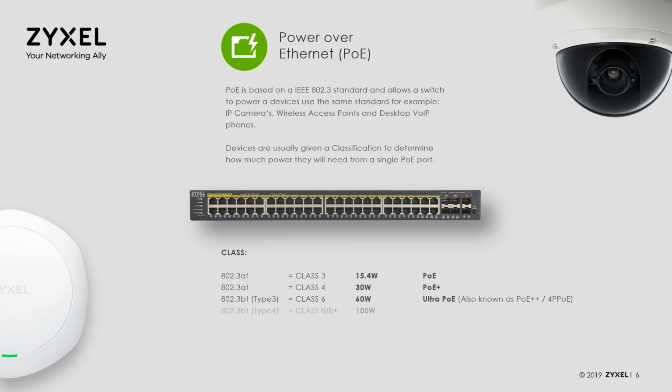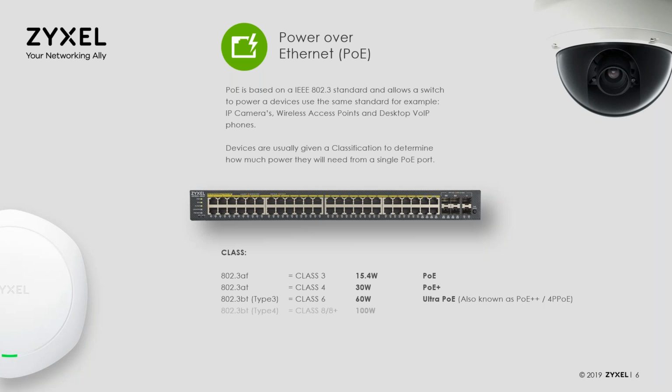About PoE standards, we're starting from the standard PoE or AF standard. It means that the switch is able to provide 15.4 watts of power, or actually at the PD end, it means 12.95 watts.